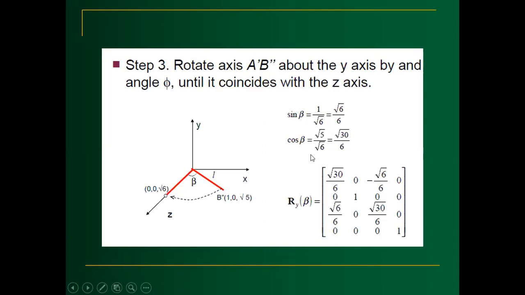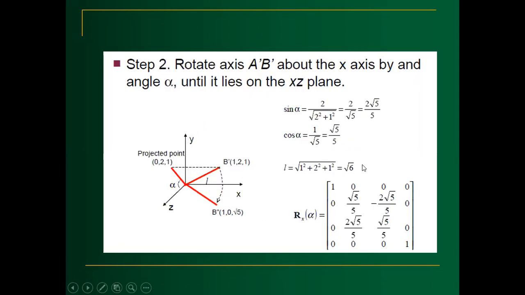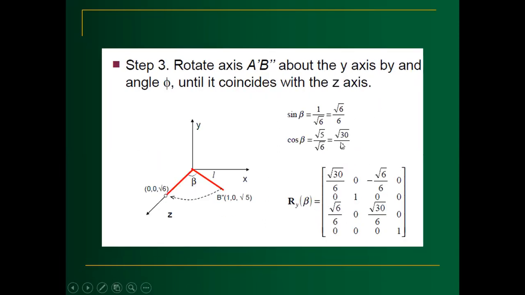Cos beta is D. D is root 5 divided by root of A square plus B square plus C square, which is root 6. So root 5 by root 6 can be written as root 30 by 6.